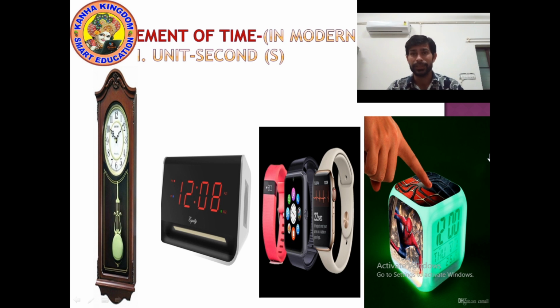Yes, you can see the picture of Spider-Man on it. Table clock, yes. Isn't it amazing? You can change the color, you can change the picture, you can use your own picture, you can set the time, set the alarm. It will show everything.